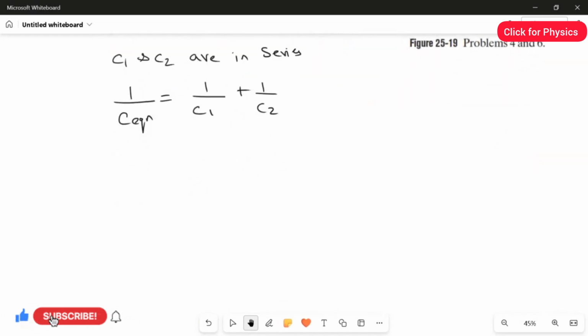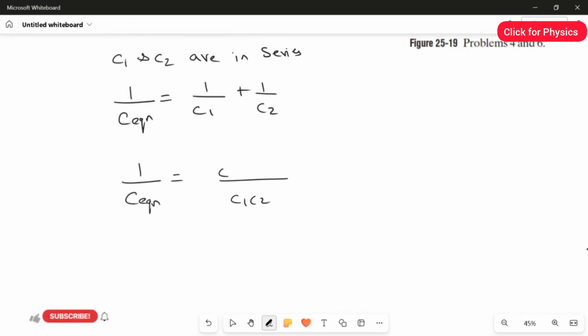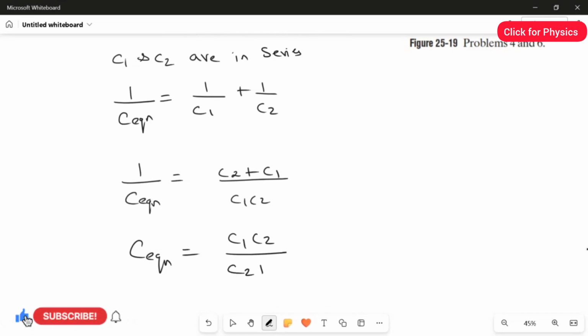If you rearrange it, we get 1 over C equivalent equals, on the top, C2 plus C1, over C1 C2. Taking the reciprocal, C equivalent is equal to C1 C2 divided by C2 plus C1. So this equivalent capacitance is only for C1 and C2.